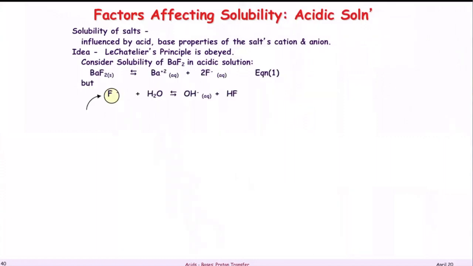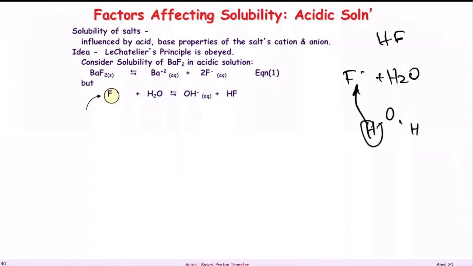In water, the fluoride ion is going to react with water, and because it's the conjugate of a weak acid, HF, F minus is a base, and it will extract a hydrogen from water to produce HF and OH minus.